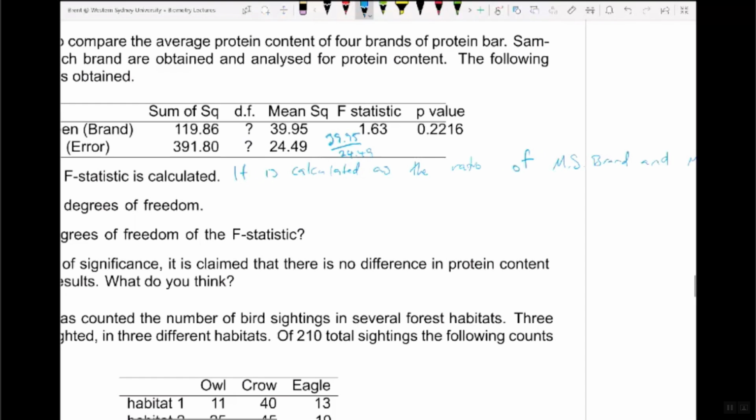And this is the one that will give me the degrees of freedom between the populations, between the brands. This one is the simplest one to calculate. The degrees of freedom for the brand is equal to the number of brands minus 1, k minus 1. So we had 4 brands, we have 3 degrees of freedom.